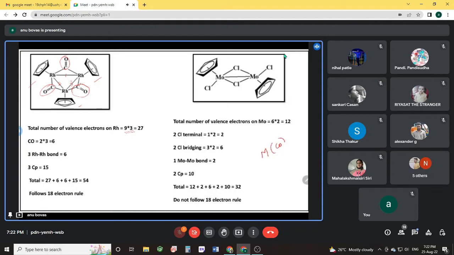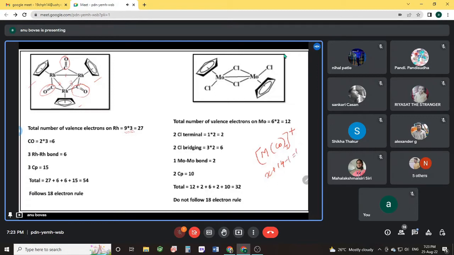Okay, fine. So now let me tell you another type of example, MCO7 plus, in which such questions will ask what is x. In those cases we can use the 18 electron rule, where we can write x plus carbonyl 7 into 2, 14. If a plus sign is there, we have to subtract 1, and if a negative sign is there, we have to add 1.